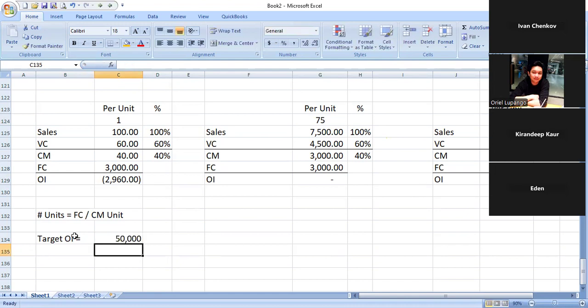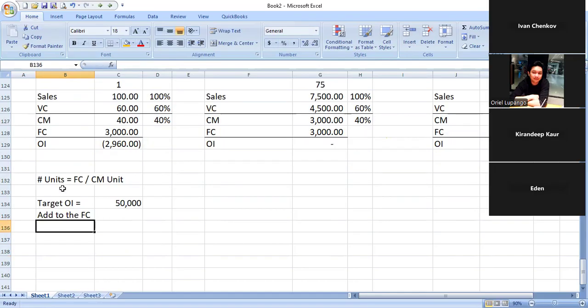How are we going to get it? Very simple. Add it to the fixed cost, and modify the formula. So number of units, in this case, should be equal to fixed cost plus the 50,000 that you want, divided by contribution margin per unit.